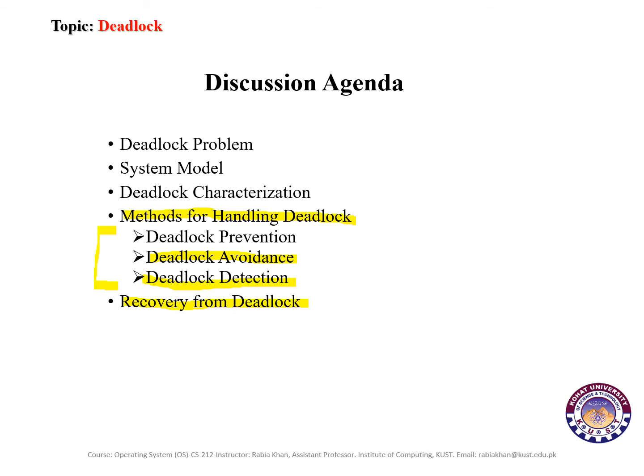Recovery from deadlock is possible, and how, but at the expense of what? We'll be discussing those factors when we discuss how we can recover from deadlock. So let's proceed with today's discussion and discuss the methods for handling deadlock. All three methods will be discussed in detail in today's discussion.